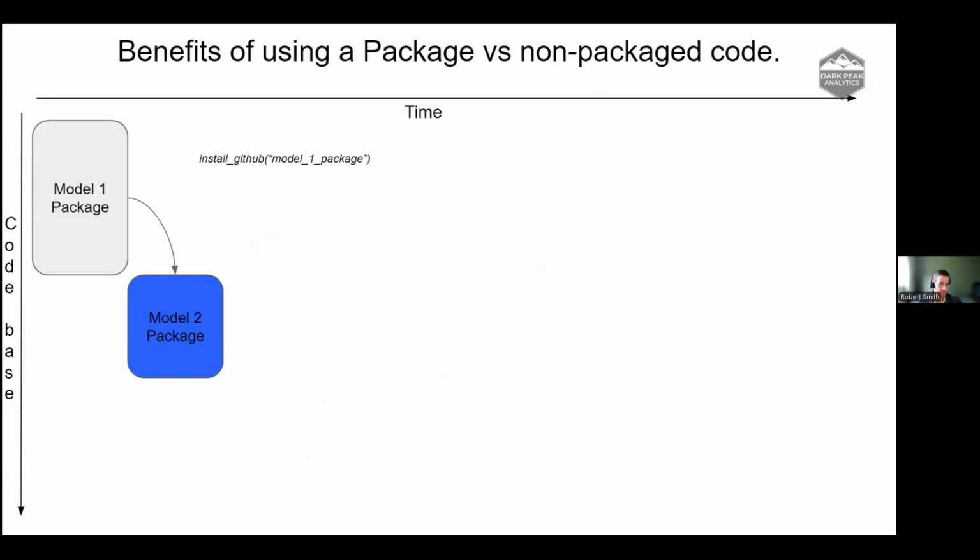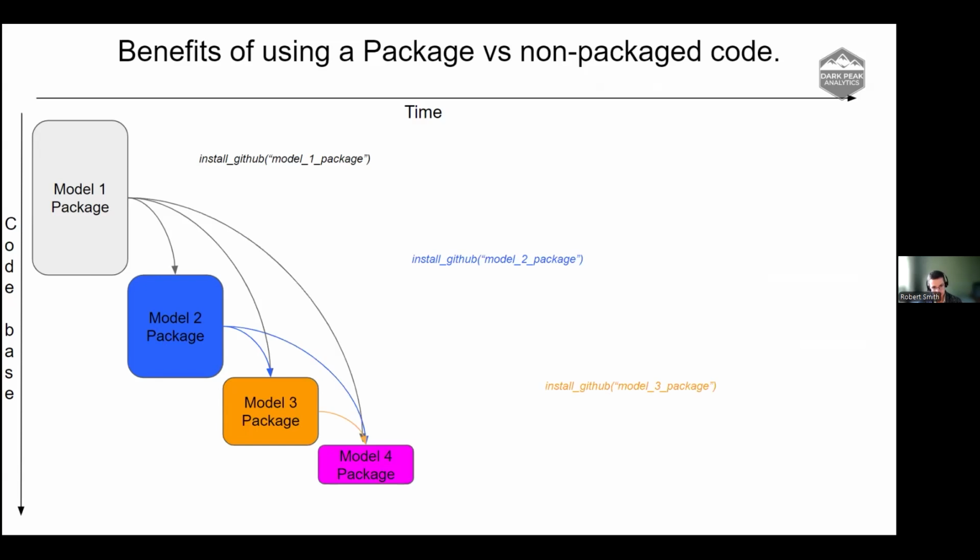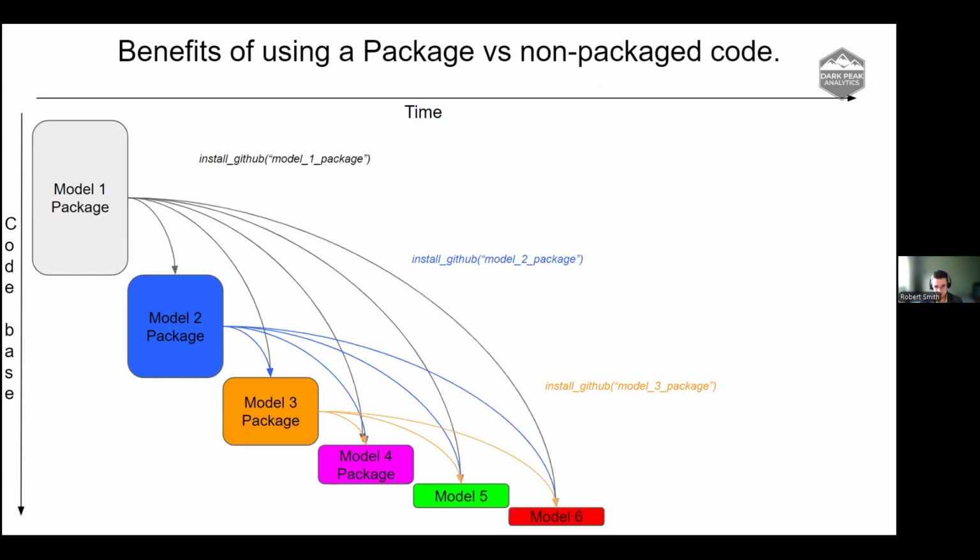We can just use the discount function from model one, and model 3 might use some of the code from model 2 and model 1, and so on and so on, so that each model is using less novel code and more previously created code from previous models. And this is being done anyway, but just in copy paste format rather than just installing those models.